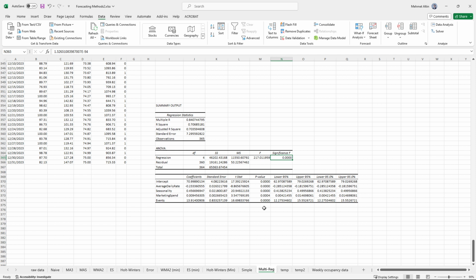There is no strict rule, by the way, but the usually accepted rule is if the value is less than 0.05, that is considered a good value for both the model and each of the independent variables. If it's higher than 0.05, we say that, for example, let us assume that average daily rate was higher than 0.05, we say that average daily rate is not significant enough to affect the dependent variable.